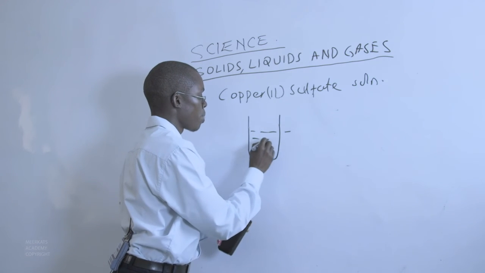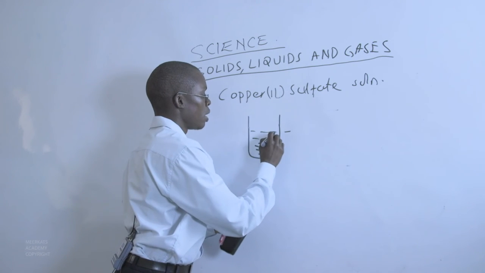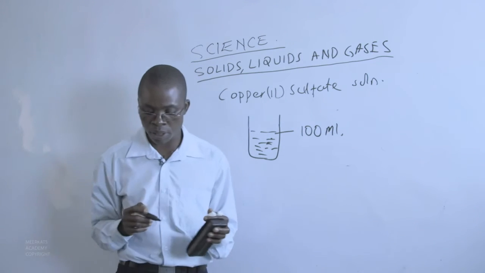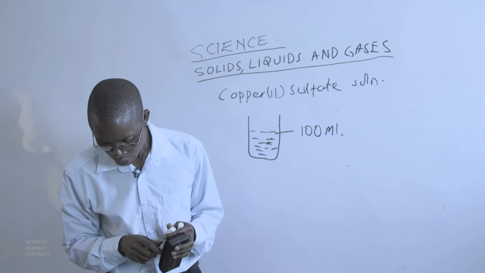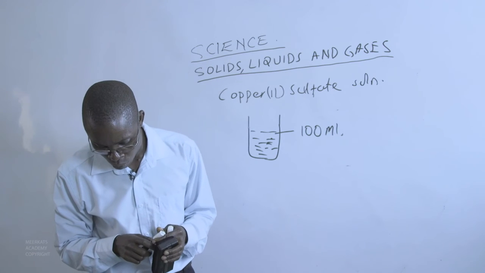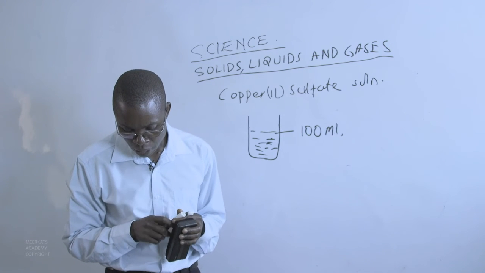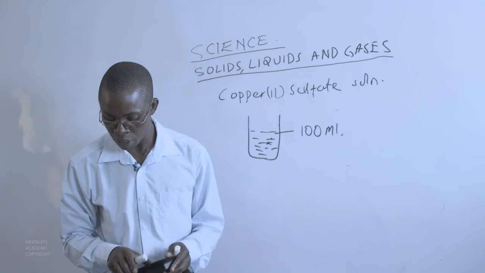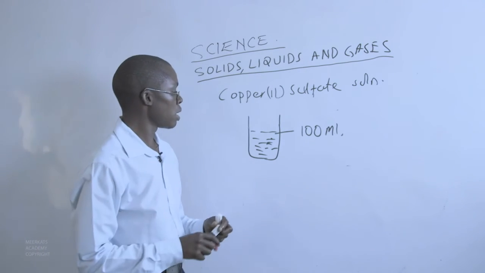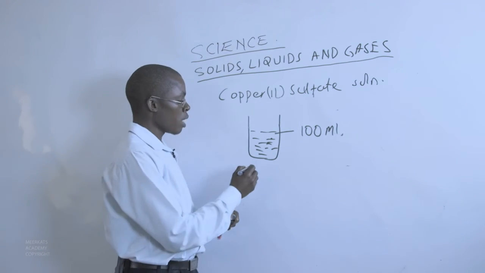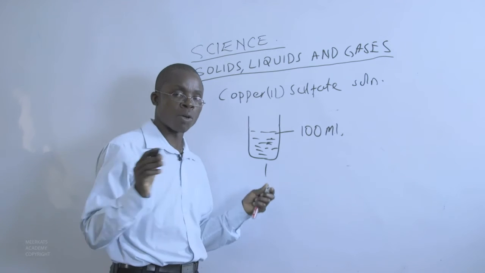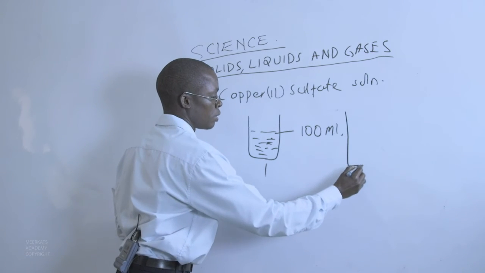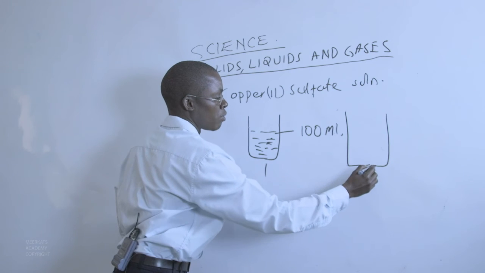We have water, and this water is 100 mils of water to form a saturated solution. The final volume is 103 mils. So we have case 1, plain water, 100 mils. Case 2, now the solution is being formed.